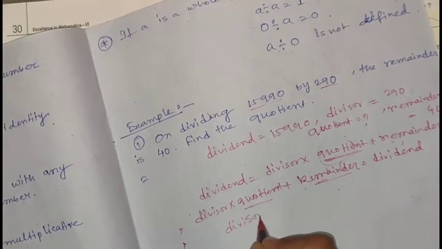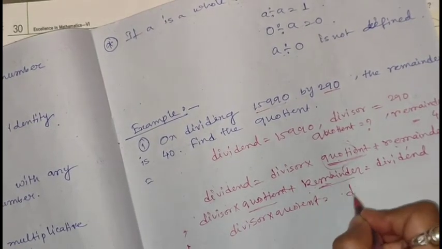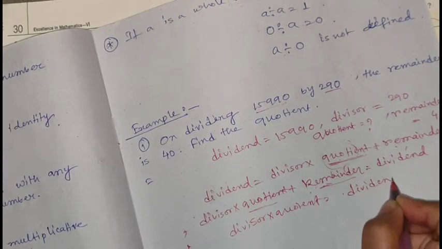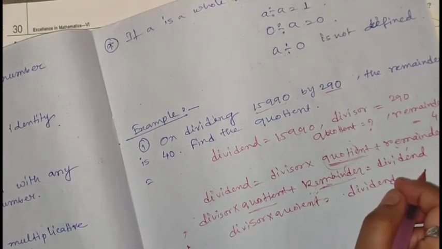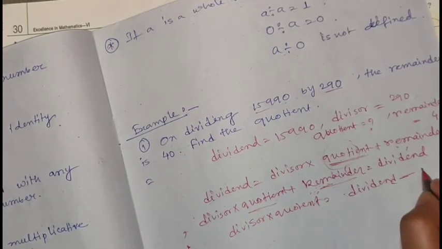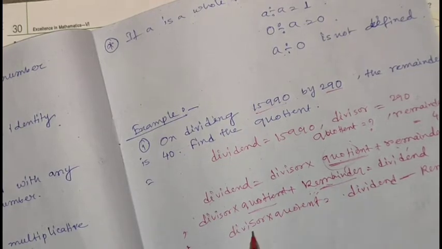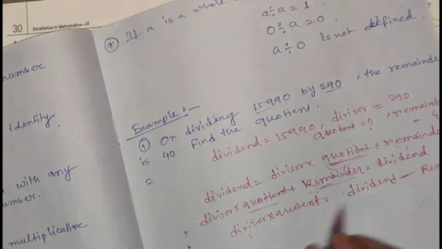Divisor into quotient equals dividend minus remainder. If you shift this remainder from this side to that side, then plus converts to minus. And now we need to shift this divisor from left to right.